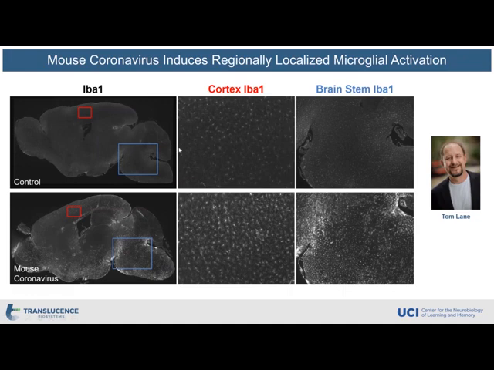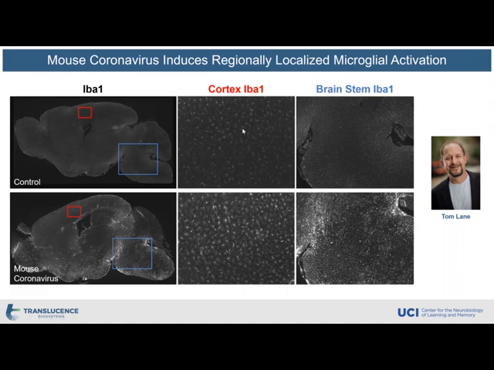And what you can see here in some preliminary data in this work with Tom Lane's lab is that the mouse coronavirus does induce inflammation across the whole brain. And in particular, it seems that certain regions are affected more than others.